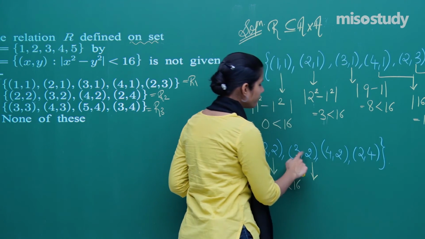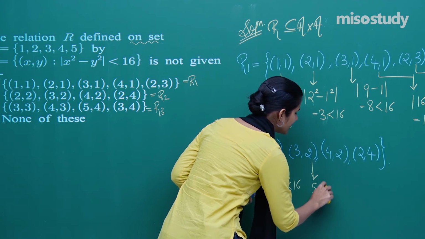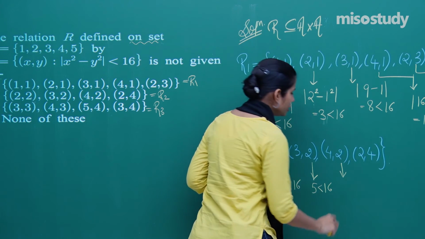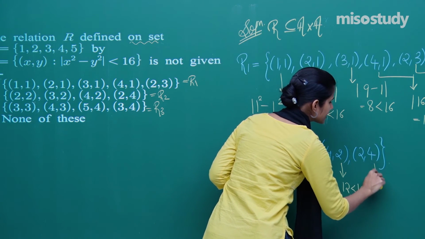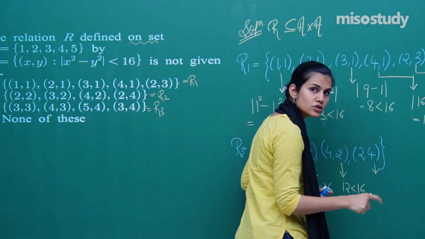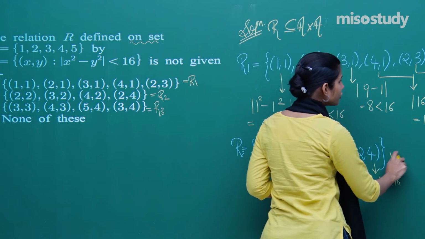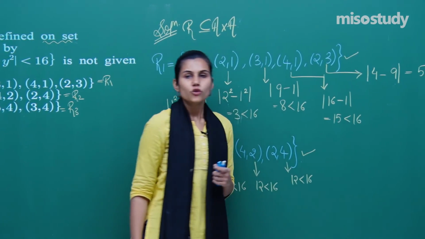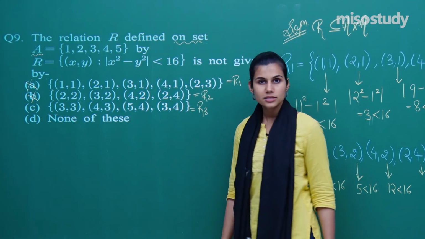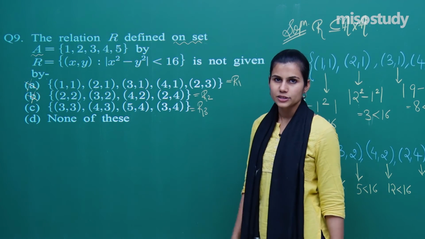If you take the modulus of 9 minus 4, you get 5, which is strictly less than 16. If you take 16 minus 4, you get 12, which is strictly less than 16. And if you take 4 minus 16, the modulus again brings 12, which is again less than 16. So even R2 is given by this rule, just like R1, and so R2 also cannot be the correct answer, because the correct answer is that relation which is not given by this rule.